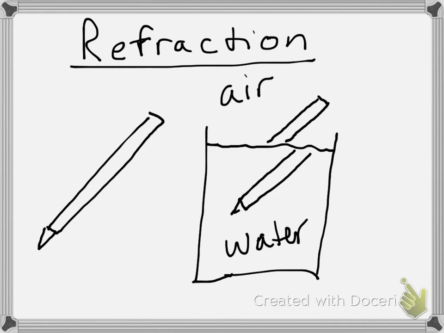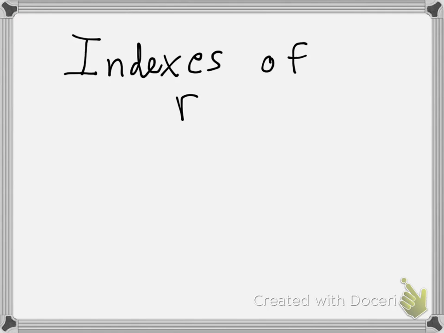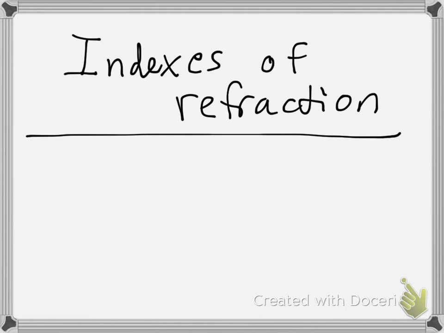And it turns out that that's more or less true, right? So what's going on here is that we have two mediums that have what are called different indexes of refraction.